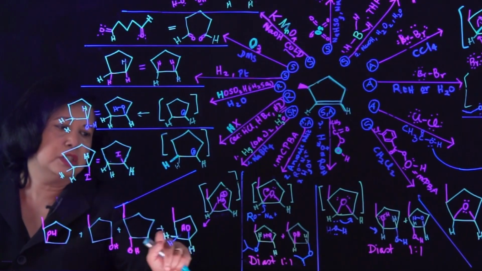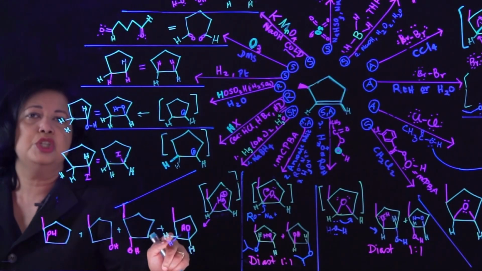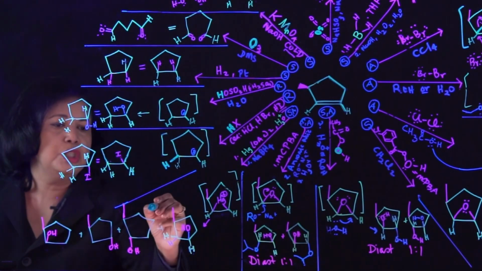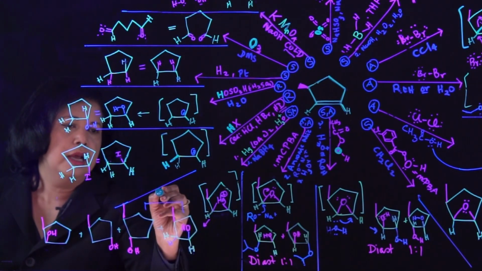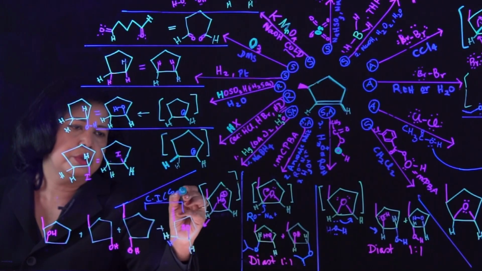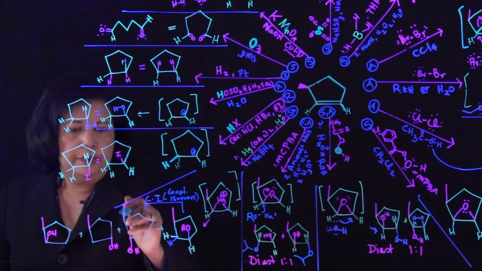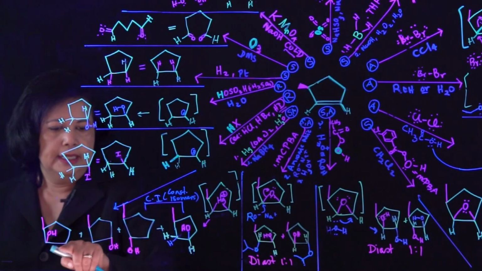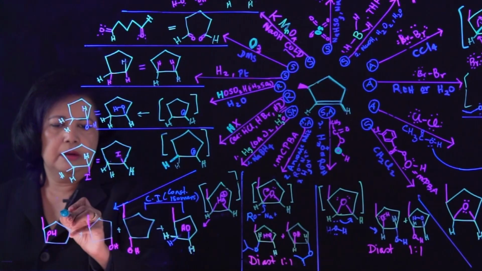Here, it's not just a spatial orientation, it's a position shift. So therefore, these two are constitutional isomers. I'm going to call them CI, constitutional isomers.